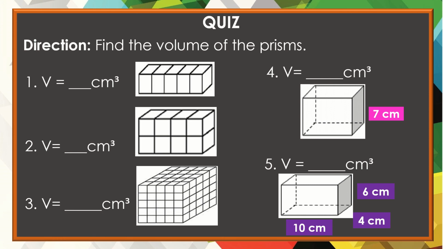Okay, done? For number 1, the volume is 5 cubic centimeter. How about number 2? Number 2, we have 8 cubic centimeters. Number 3 is 125 cubic centimeters. Pareho kita ng answer? Okay, very good. Number 4, volume is 343 cubic centimeter.